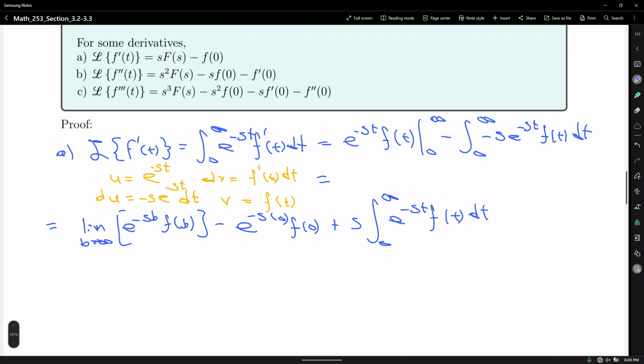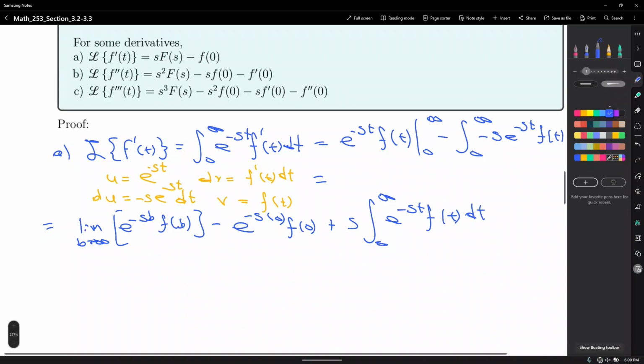Okay, so where is this limit going to go? Well, guys, we can safely say that this is going to go to 0, because the exponential function will dominate. You may argue, but what if the function we're multiplying this exponential by grows faster than the exponential?